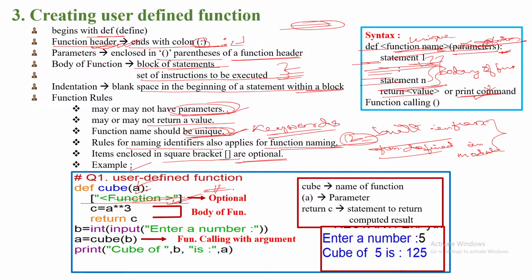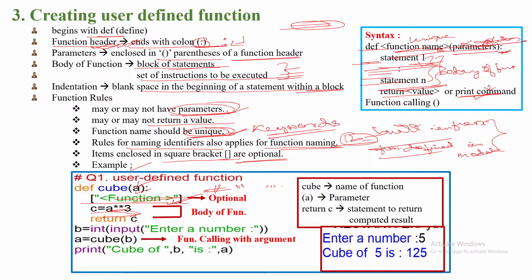What do we use for comments? Hashtag, right? For multiple lines, what do we use? Triple quotes to write the comment section. Now c equal to a into a exponential 3. This is the body of this function. Then return c. Here we are returning the value.